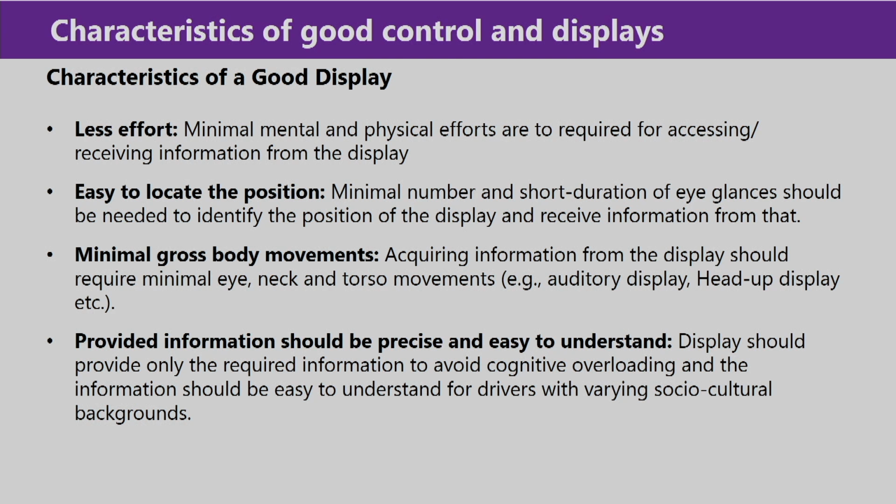So, a minimal number and short duration of eye glances should be needed to identify the position of the display and receive information from it. Then there should be minimal gross body movements for acquiring information from the displays. For example, minimal eye movement, neck movement and torso movement.